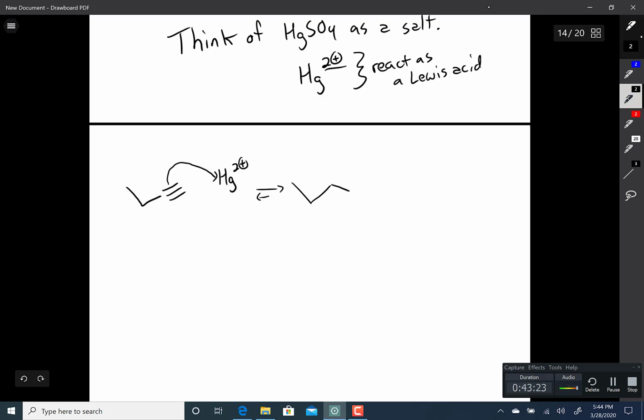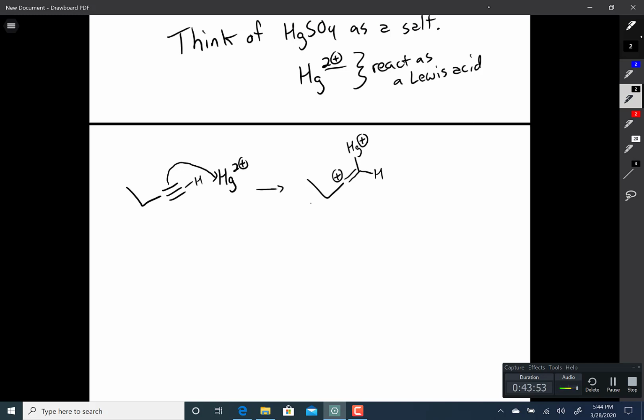I'm not going to worry about the reversibility of arrows in this reaction. And the mercury ends up going on the end because it forms the carbocation on the more substituted side.